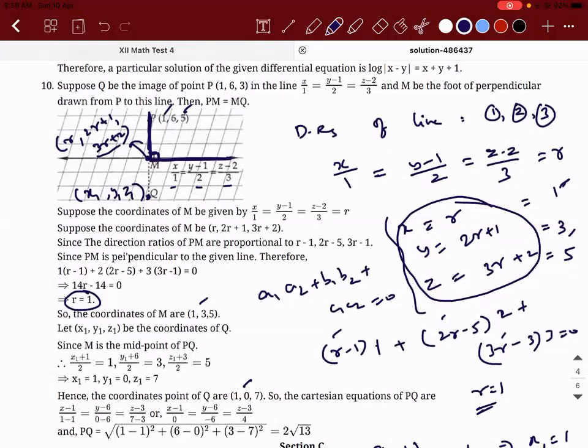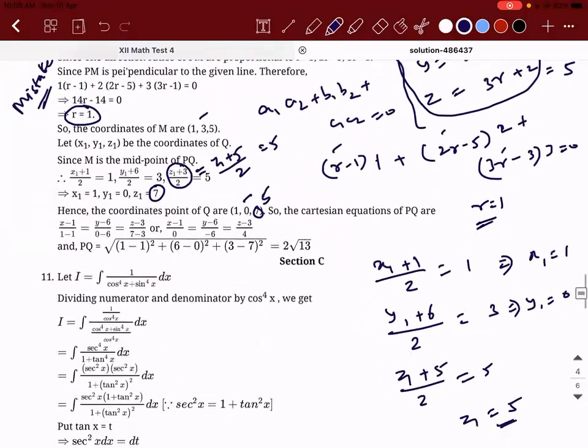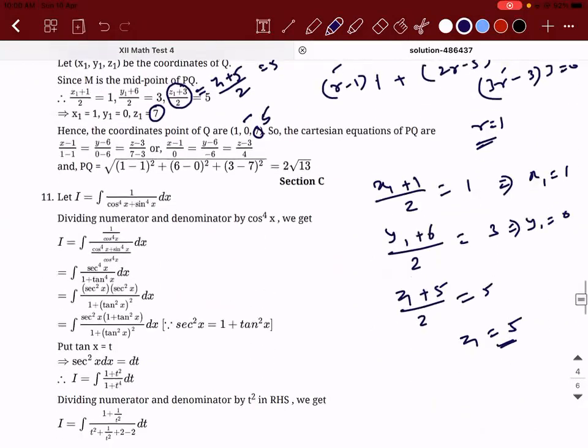It is z1 plus 5 divided by 2 is 5. So it is not 7, guys. It is 10. Not 10, 5. Okay. It's 5. So there is a mistake in the solution that is given here. But I hope you guys did it. So 1, 0, 5 will be the coordinates of that point.